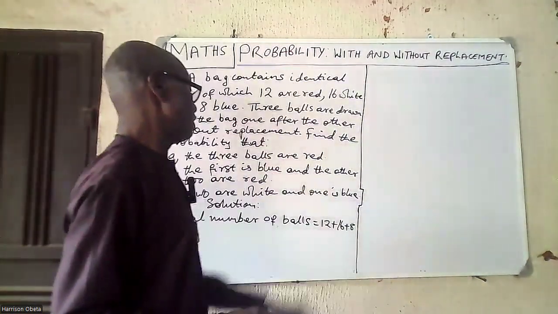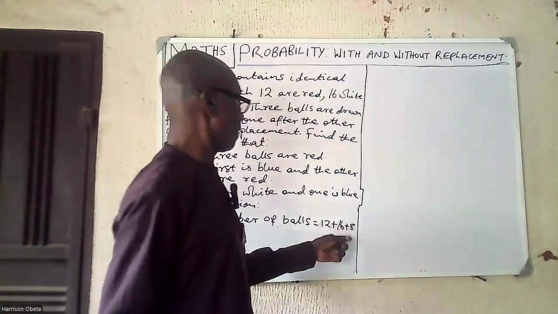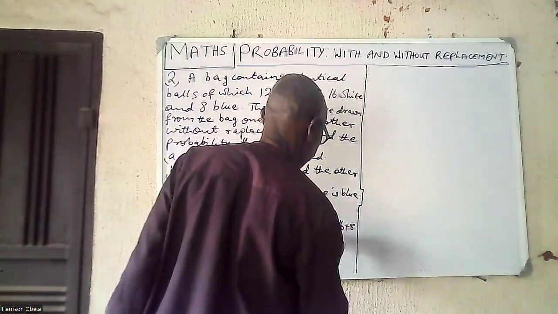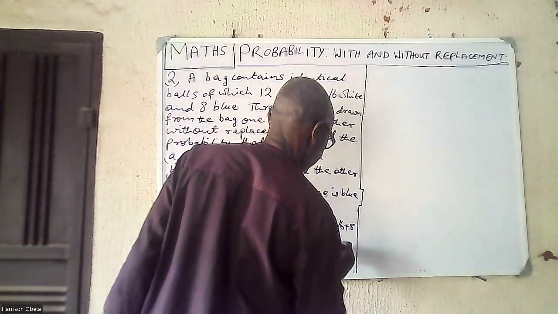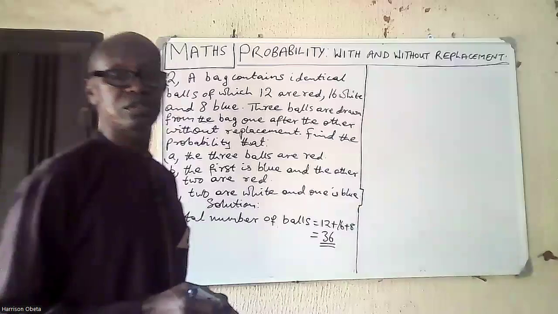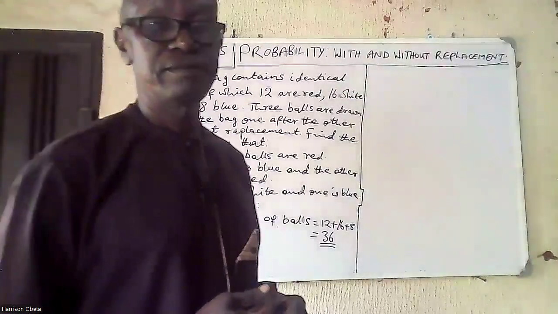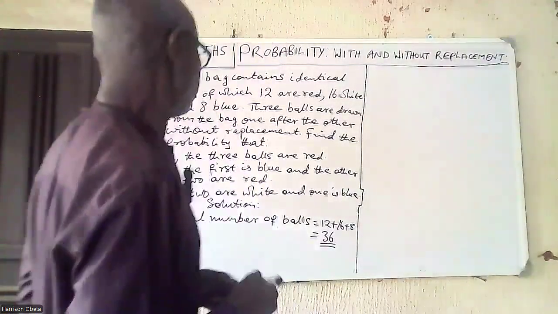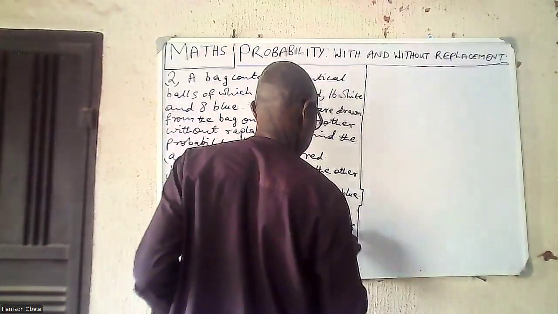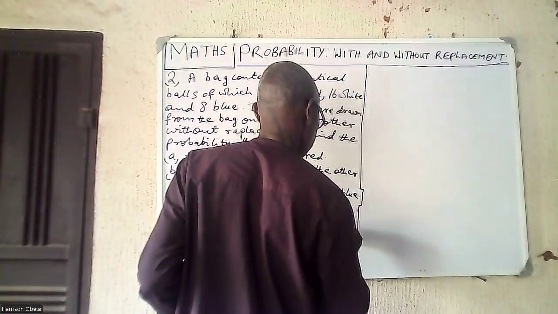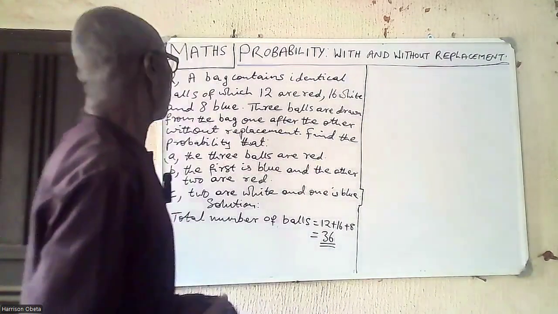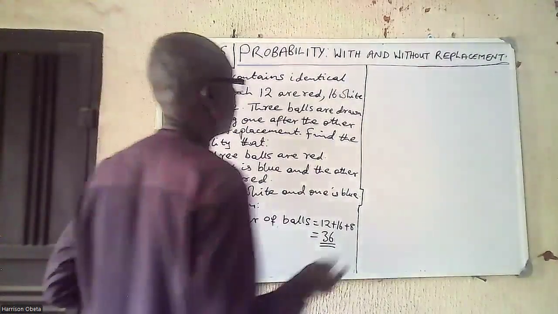So 12 plus 16, 28, 28 plus 8, 36. So we have 36 balls in the bag. And then to continue, we start with A.